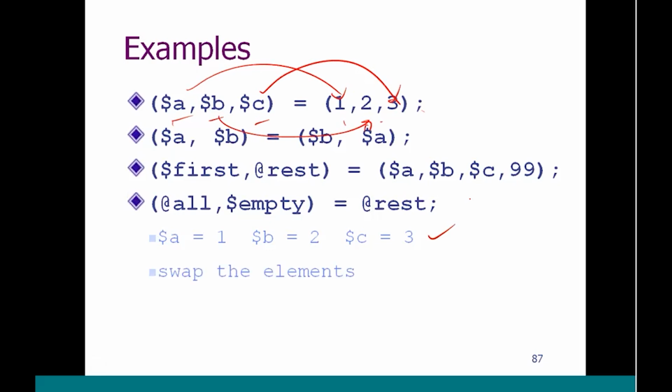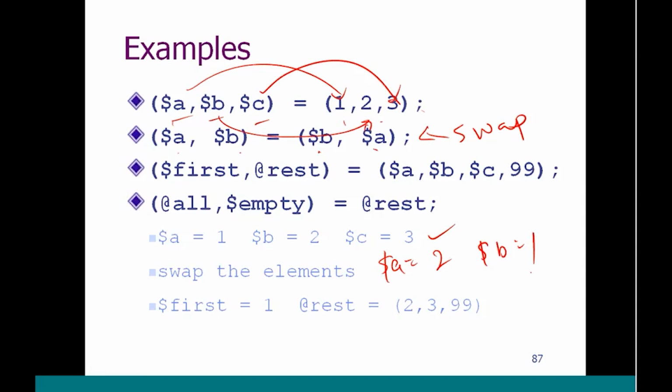And then the second command is $A, $B equals $B, $A. Even though you can see that they are the same, this is what is called a swap. So we just swap the elements. Now $A becomes 2 and $B becomes 1.